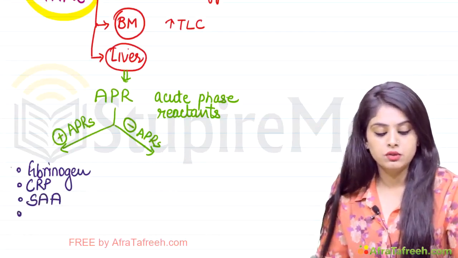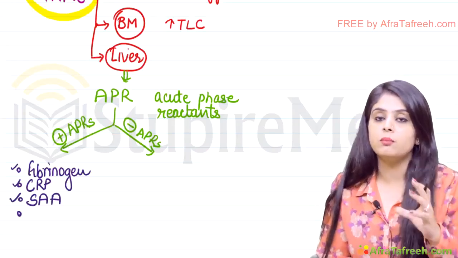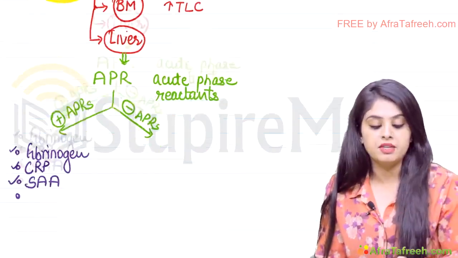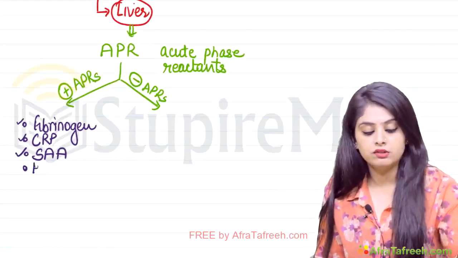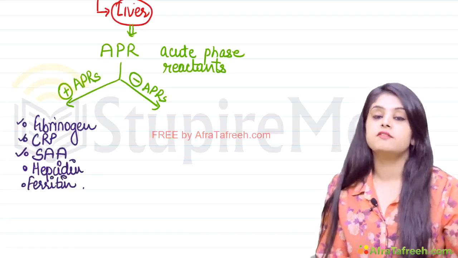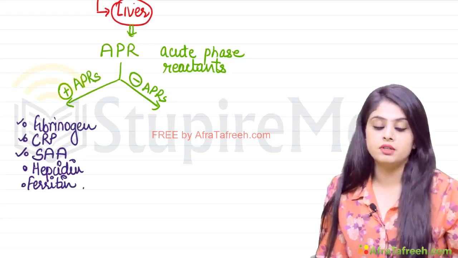It will also include, apart from these three, why have I written these three as the topmost? Because these three are the most important, on which the questions have come. But other than this, they also increase hepcidin and ferritin. So these are lower down in the list but definitely important.